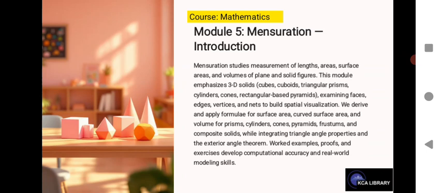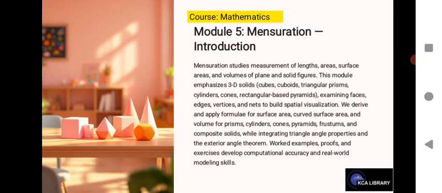So, this module emphasizes 3D solids such as cubes, cuboids, triangular prisms, cylinders, cones, and rectangular base pyramids, examining faces, edges, vertices, and nets to build spatial visualization.